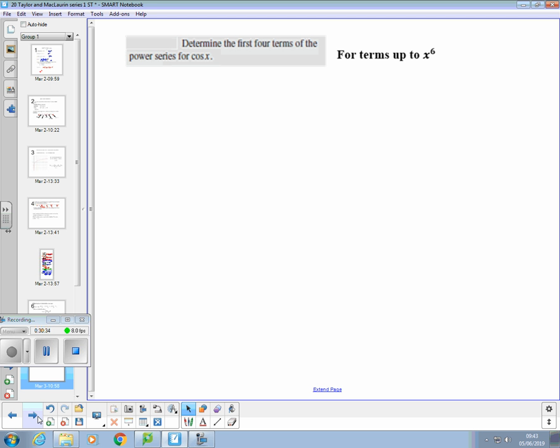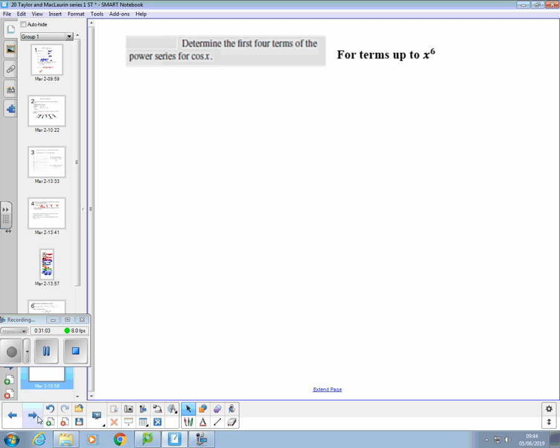So if you put x equal to 0 in a function and you get an error, you can't use a Maclaurin series, you've got to use a Taylor series. In an exam question, I'll be pointing you to either the Maclaurin or Taylor series.